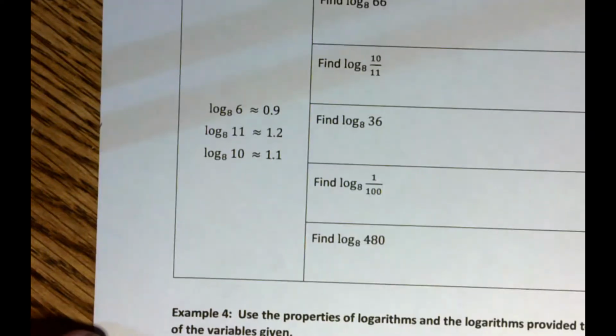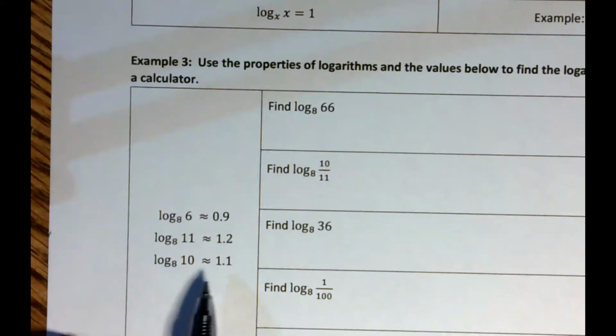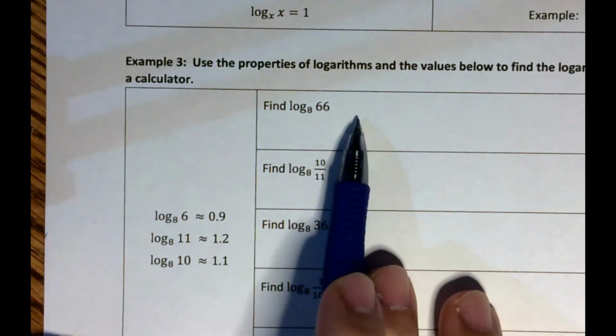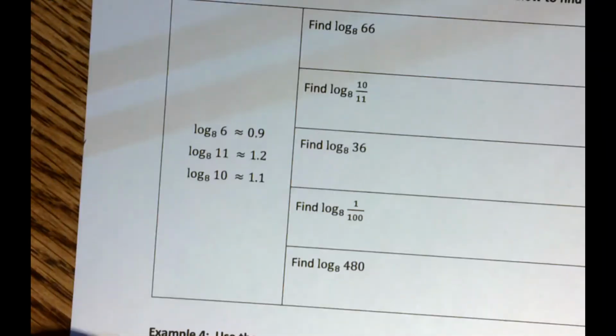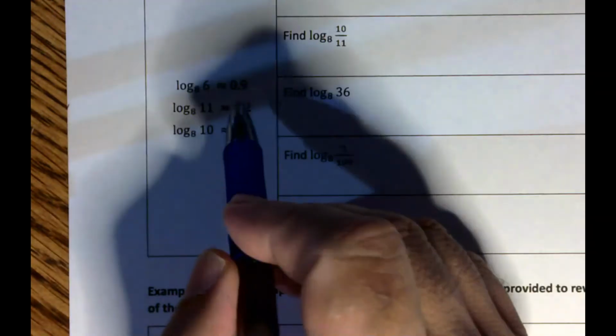So here you'd be given 3 logarithmic values, and you're going to use some combination of those to evaluate these problems. We're doing this without a calculator. So we have log base 8 of 6 is 0.9.